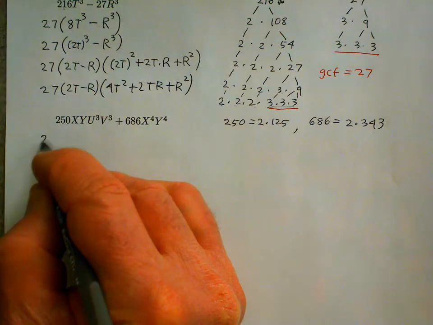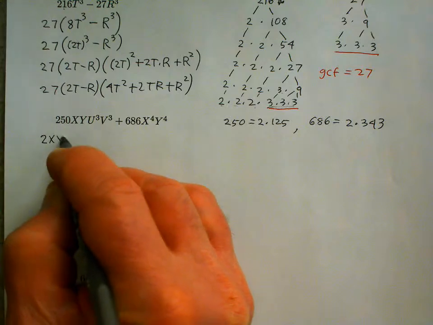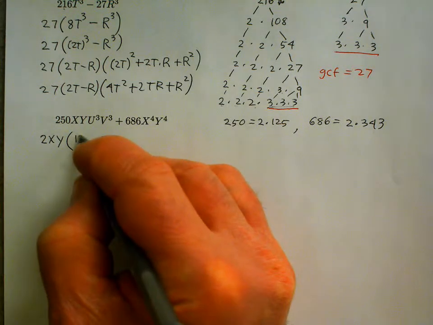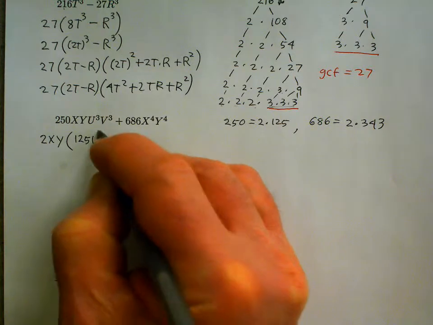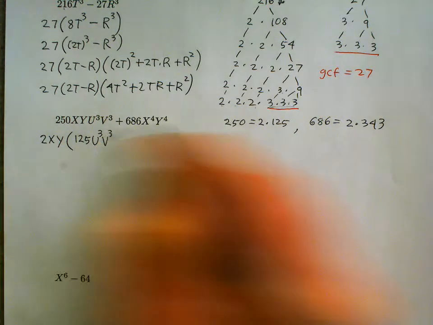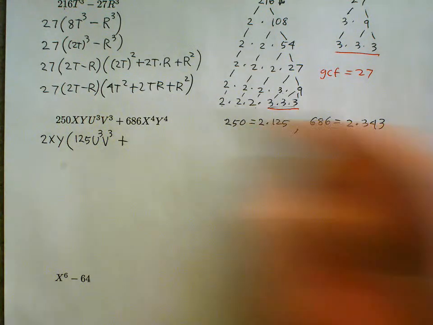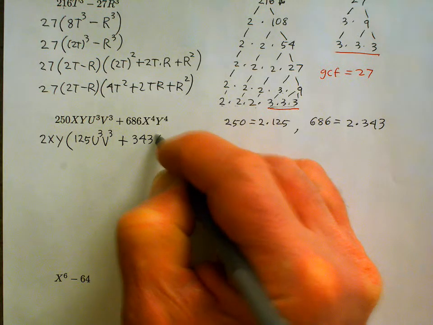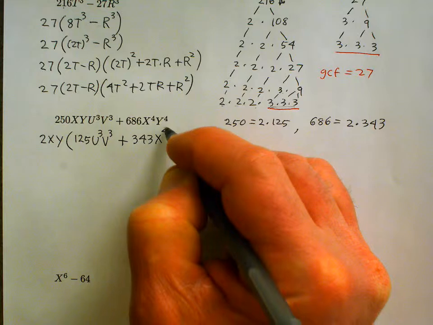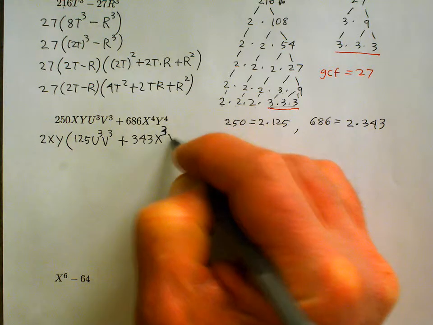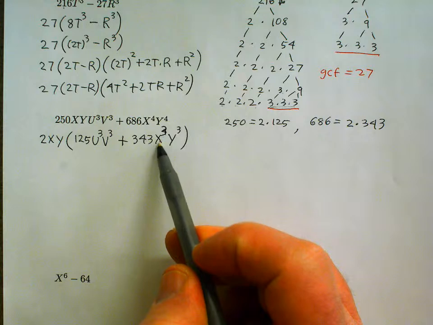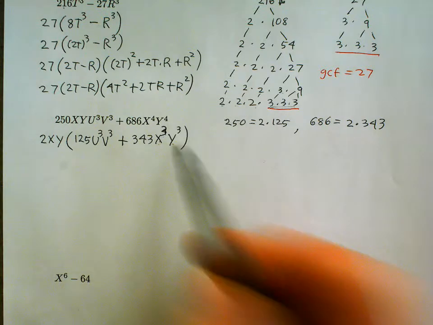So we first factor 2xy out. And then we're left with 125 u to the third, v to the third, plus 343 x to the third, y to the third, because we factored 1 factor of x and 1 factor of y out.